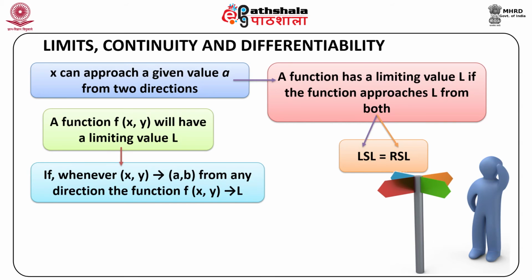In the one variable case, x can approach a given value a from two directions. We say that a function has a limiting value L if the function approaches L from both left hand side and right hand side, that is LHL equal to RHL as x approaches a.